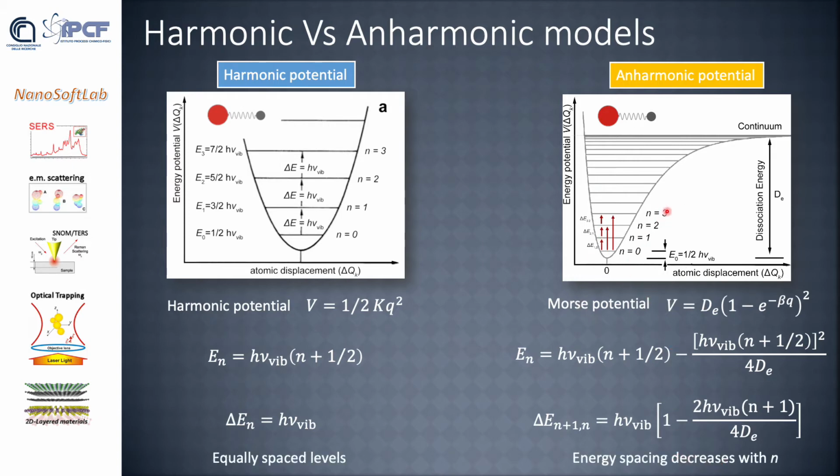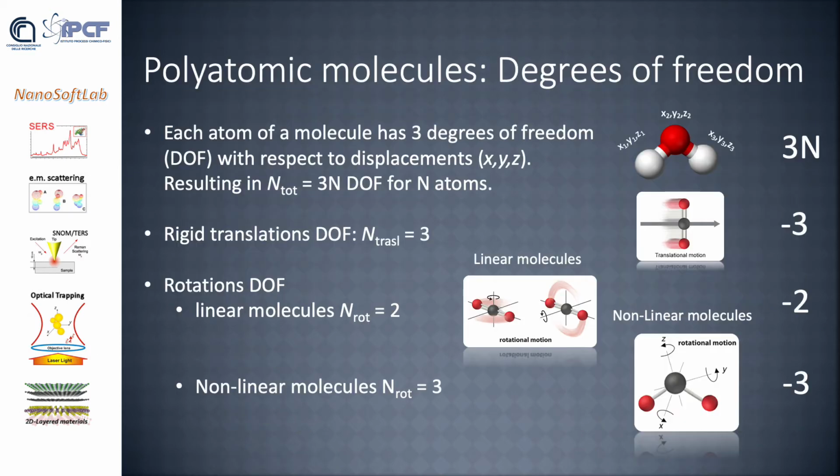N is the quantum number describing the vibrational energy. Okay, so while in the harmonic potential we have all equally spaced levels, here the levels are no more equally spaced. So far we have seen that in a diatomic molecule we have a single vibration frequency.